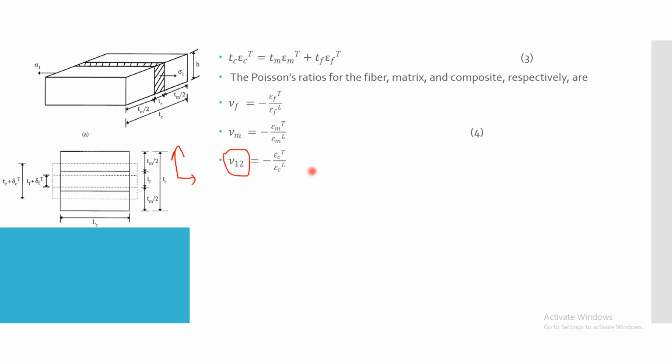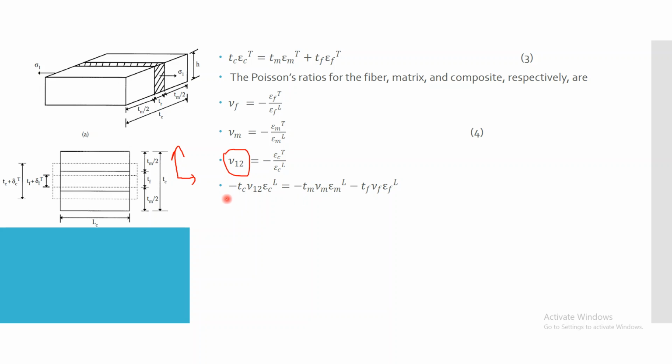Once you develop these equations, let's call this equation number 4, and after that, I want to replace the transverse parameters so that it becomes nu F into epsilon F longitudinal, nu M into epsilon M longitudinal, nu 12 epsilon C longitudinal. So if you substitute that, then the equation becomes of this form.